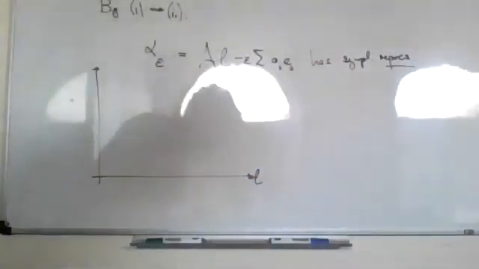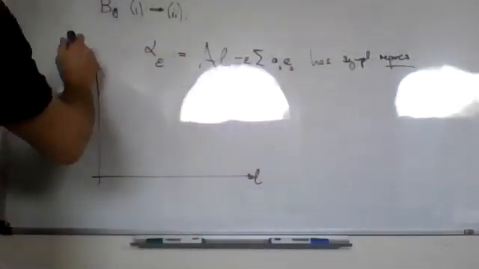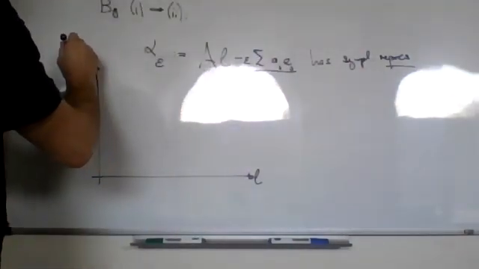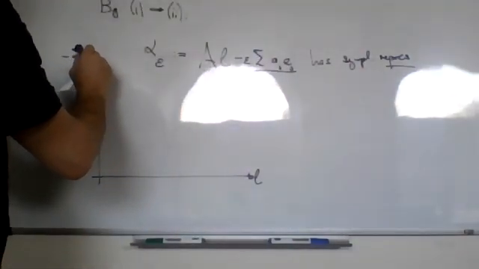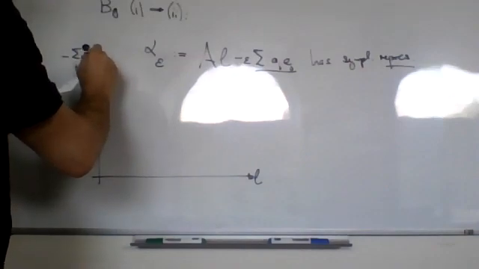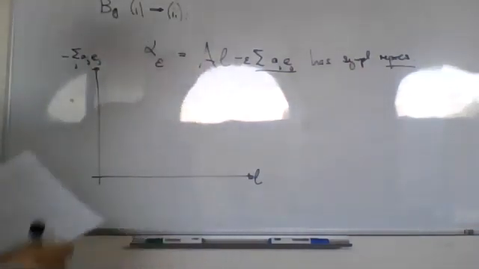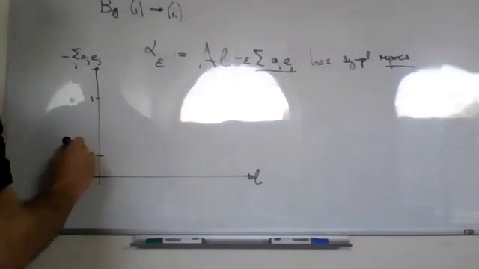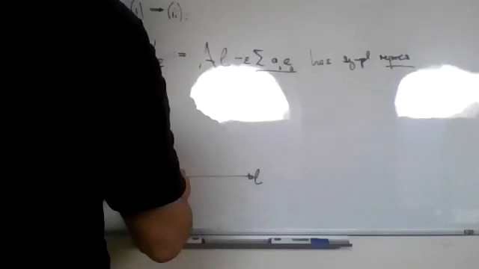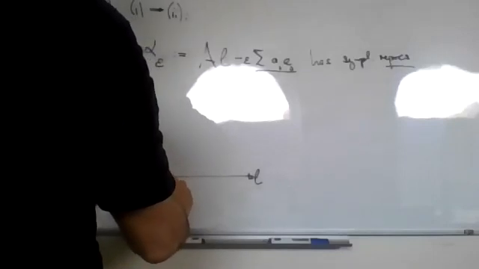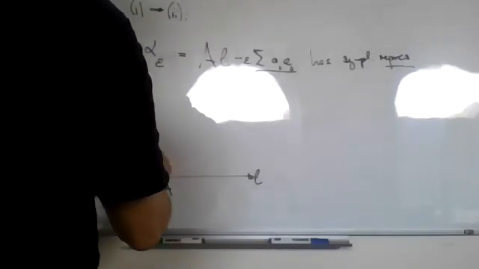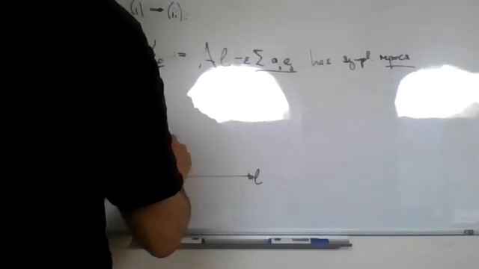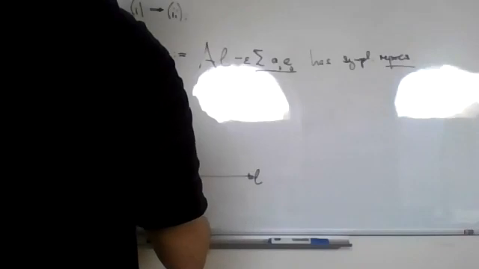And here I only look at the direction of one element, namely minus sum AJ EJ. And what do we know? So here is 1, and here epsilon, and here A. And here is alpha epsilon.